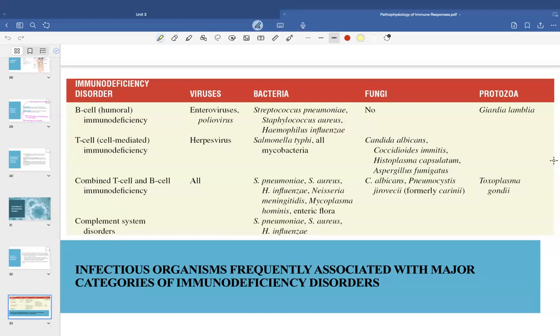And you're going to be prone to those types of infections. If you have a T cell mediated immunodeficiency, there's those fungi. Those patients are going to get fungal infections. And then mycobacteria, so TB and its cousins, Salmonella typhi, and herpes viruses.